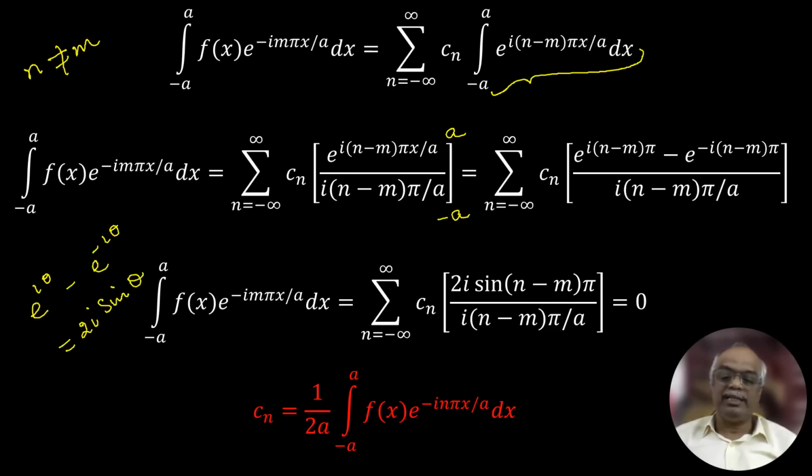Use this relation here. So this will become 2i sin n minus m pi. But n is an integer, m is another integer. If you subtract both, you will get another integer. So integer multiplied by pi, sin of integer times pi is equal to 0. So this entire thing will be equal to 0. This integral will be 0.